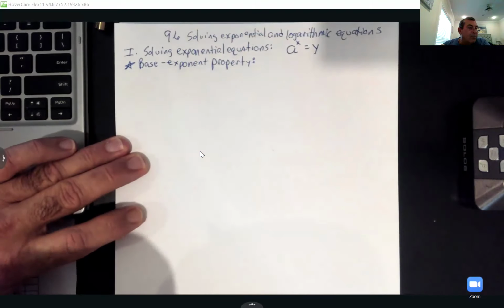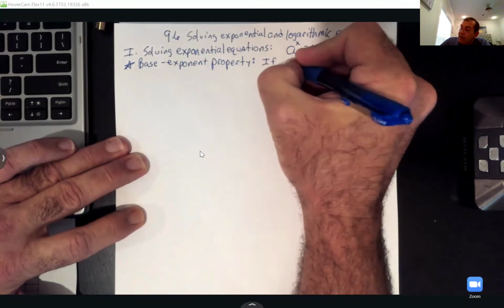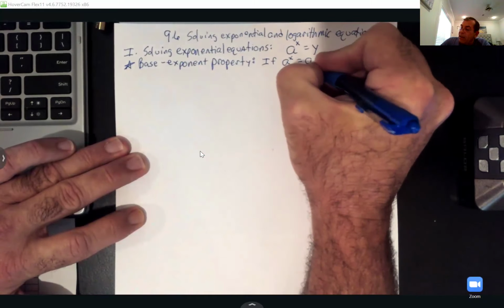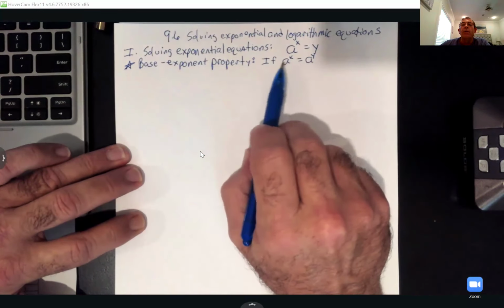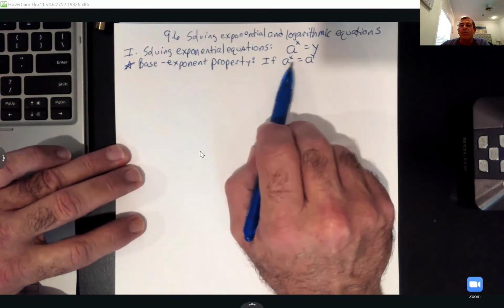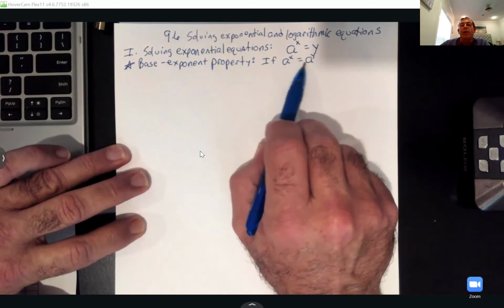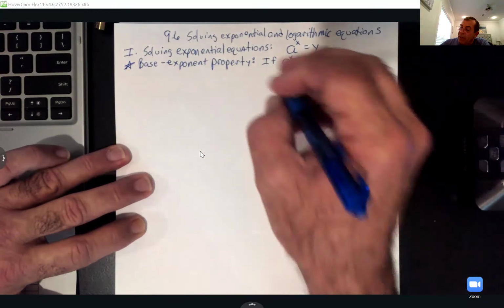Okay, so the base exponent property says if a to the x equals a to the y, so you've got two bases that are identical on either side of the equal sign, well, remember, if these are equal and the bases are the same, then the exponents have to be equal.